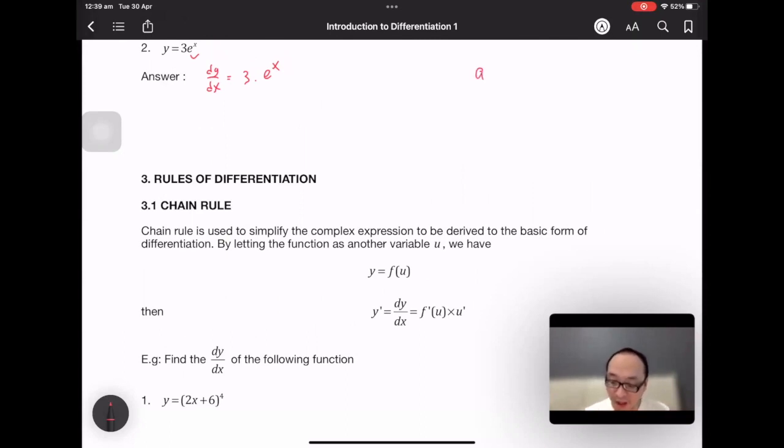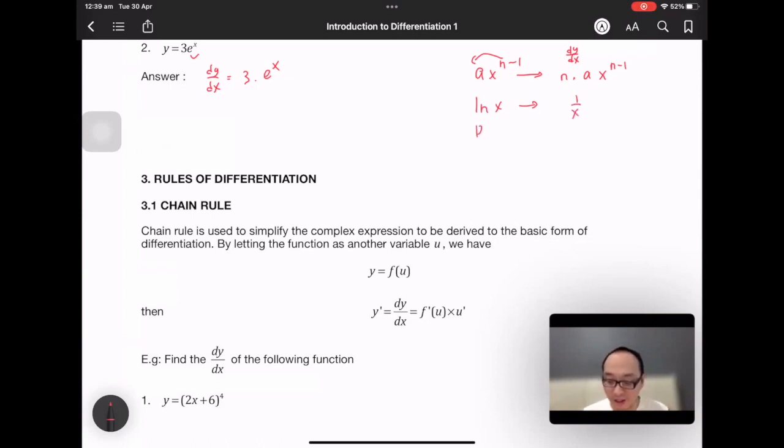If we have ax to the power of n, the first derivative will be equal to n times x to the power of n minus 1. The power is multiplied to the front, and then the power is reduced by 1. If we have ln x, the derivative is 1 over x.